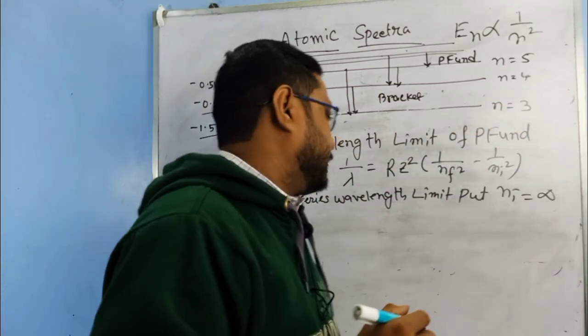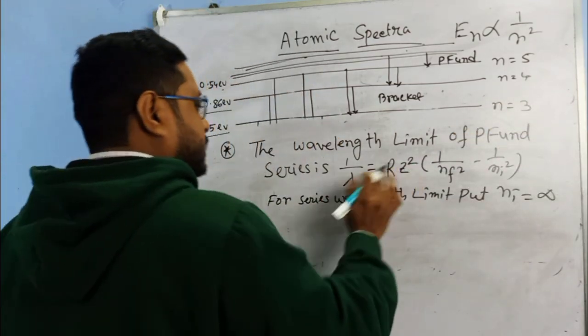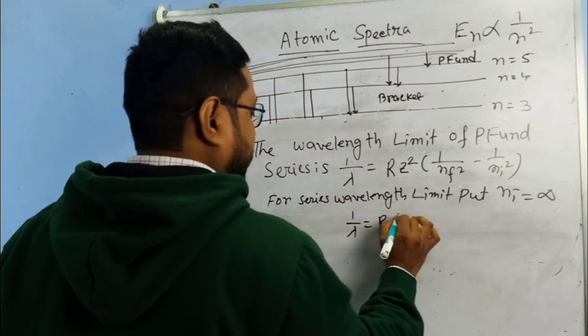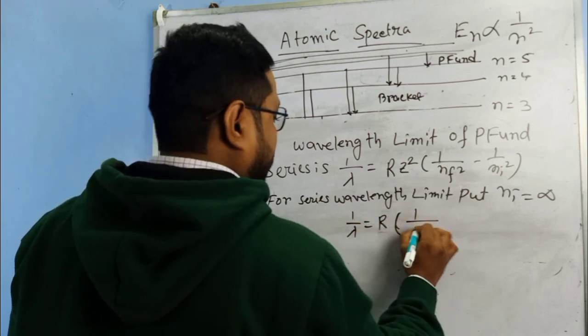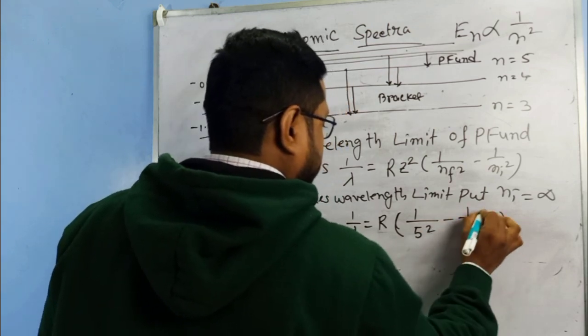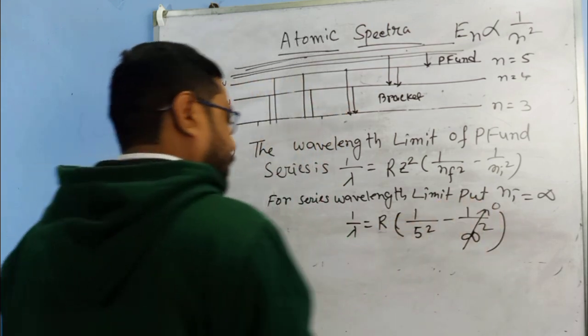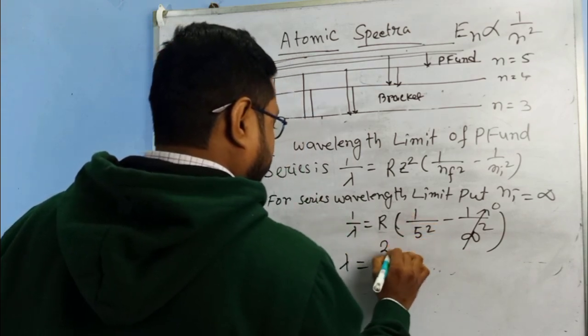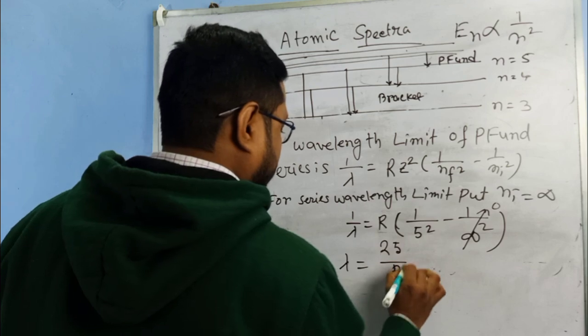Okay. For hydrogen obviously Z equal to 1, so 1 by lambda equal to R bracket 1 by 5 square minus 1 by infinity square. Now 1 by infinity square is 0, so lambda equal to 25 by R.